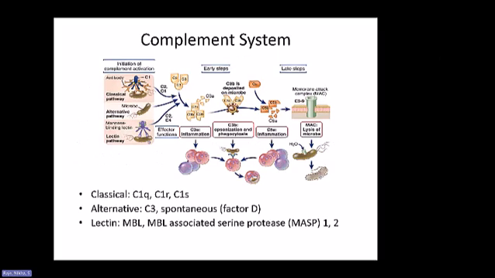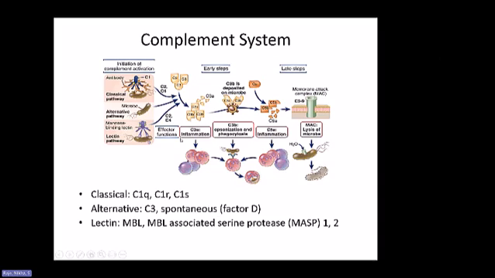So the biggest one out of these is the complement system. We have talked about this. There are three pathways: classical pathway, alternative pathway, and lectin pathway. The classical pathway is dependent on antibodies. The alternative pathway is the default one, and the mannose binding lectin is the one that looks for mannose.